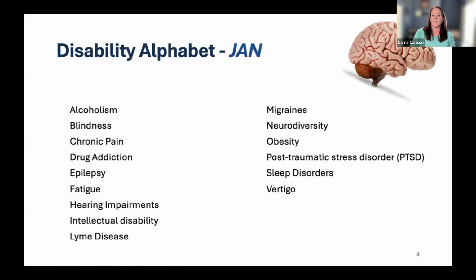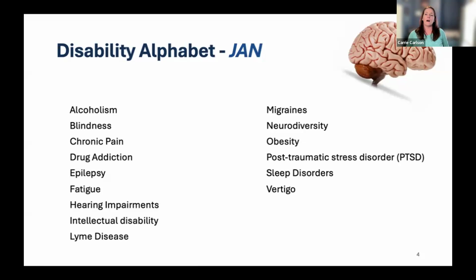So on this next slide, it is the disability alphabet from JAN, the Job Accommodation Network. And I just pulled some of these out, right? In all of my slides and the notes, there's the link, and then I know that you have the great resource guide that has the resources on there as well. But I pulled these out specifically, and on the top right of the slide, there is a brain.